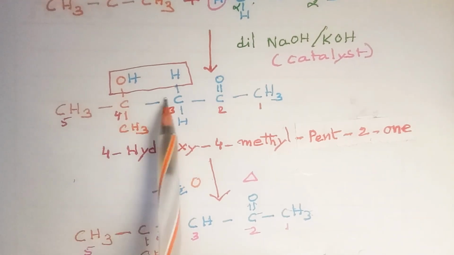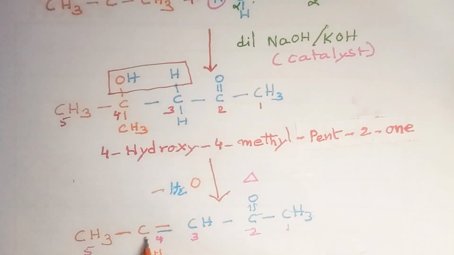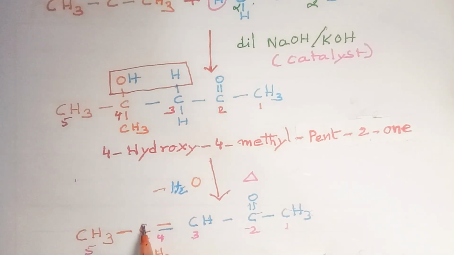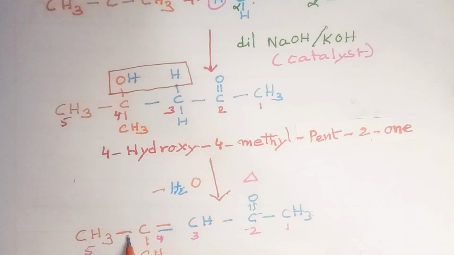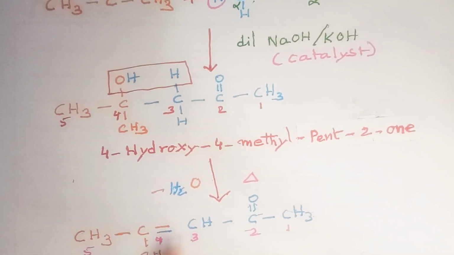These two will form another bond here. So as a result, we get a double bond between this carbon atom, previously the carbonyl carbon atom of the first reactant, and the alpha carbon atom of the second reactant.